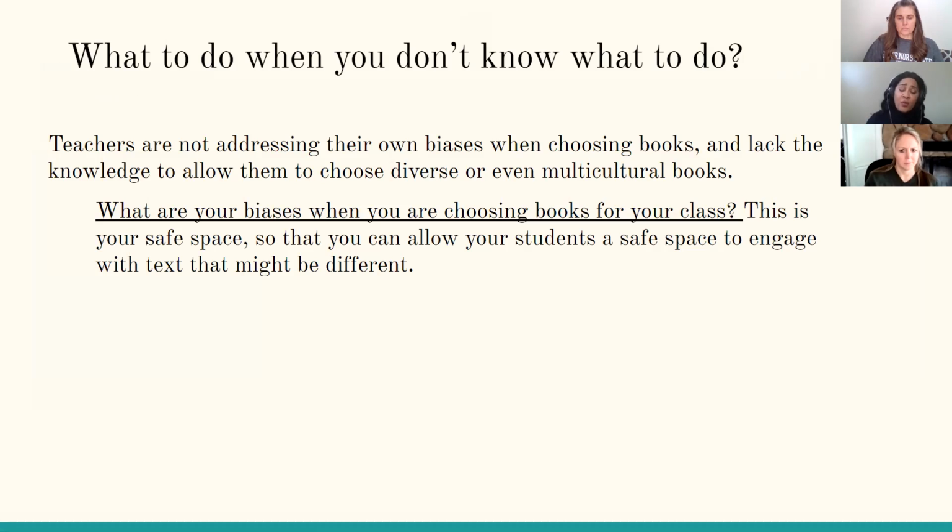So again, going back to what we discussed before about your biases, what are your biases when you're choosing books for your class? If you take this time to just write in this safe space that no one is going to be able to see, this is a reflective time, and then you can continue this reflection outside of this time that we have together.